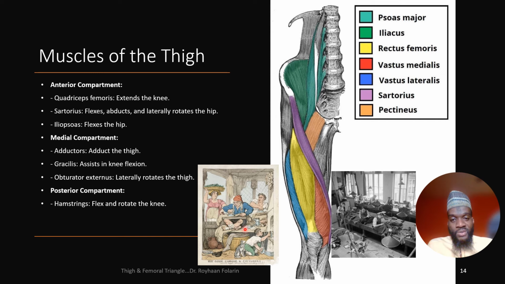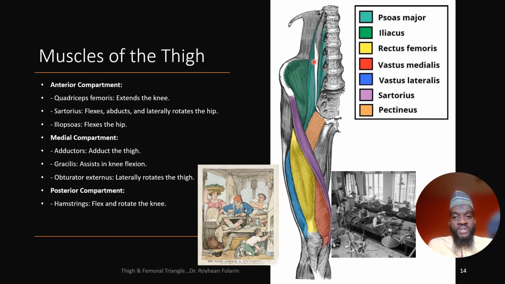You see how the legs of the tailor are crossed, and these are many other tailors sitting on a low bench in a row, all in that cross-legged position, sewing. Because of this role and the anatomical pathway the sartorius has from the ASIS running infero-medially, it's given that cross-legged name.